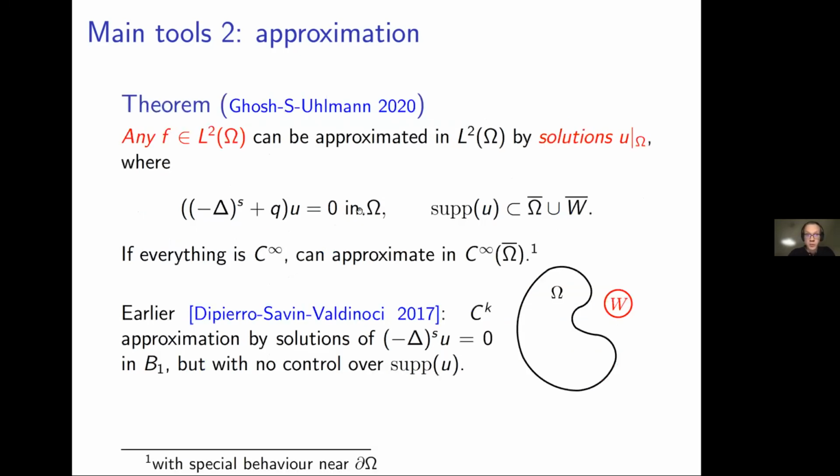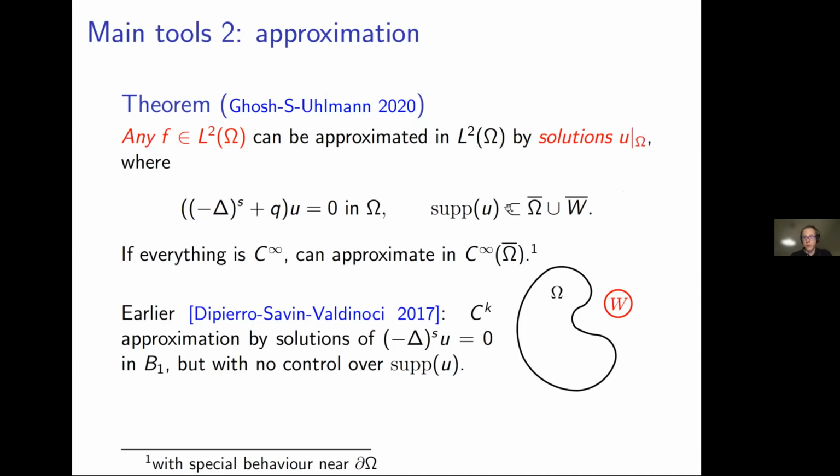So here's the approximation result. It says that any function f in L2, so this f does not have to be a solution anymore, can be approximated, for instance, in the L2 norm by solutions of the fractional Schrödinger equation restricted to this set omega.